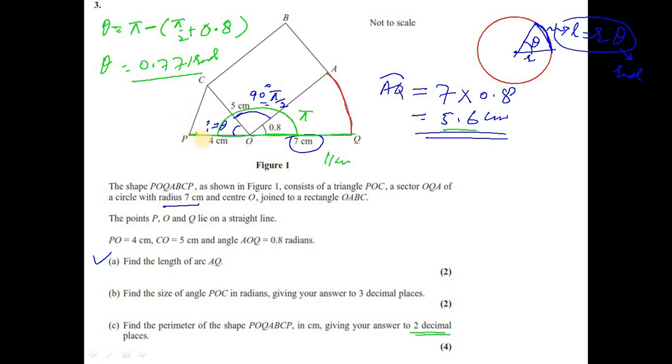And then you say that OC is 5. That means the opposite side, this also is 5. And this is centimeter, which is the radius of this circle, that means the side of this triangle is also 7 centimeter. That means the opposite side is also 7 centimeter.